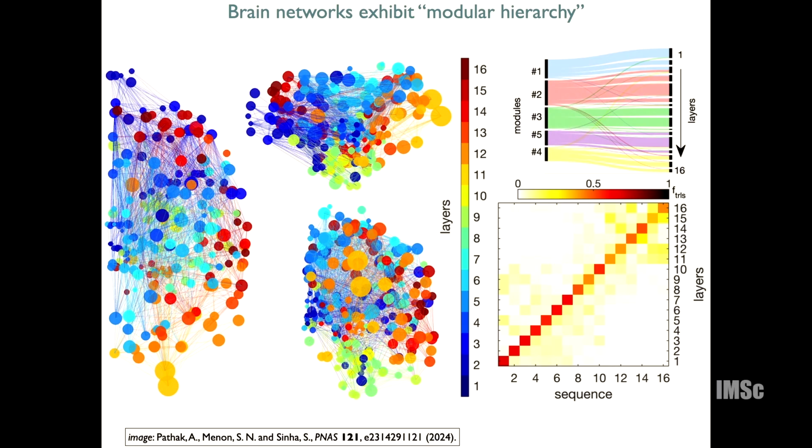I won't get into the detail, but what we termed is that it has modular hierarchy, because we already know that it has modules, and we also know that it has a hierarchical structure, and in fact the hierarchy is embedded within the modules. So you see here that module 1 has the first few layers, module 2 has another few layers, and so on. So it follows it almost remarkably. This is something that we were also looking at.